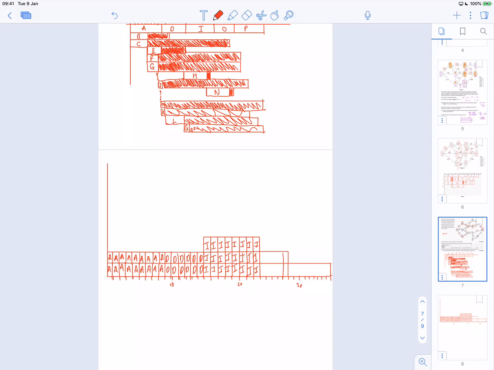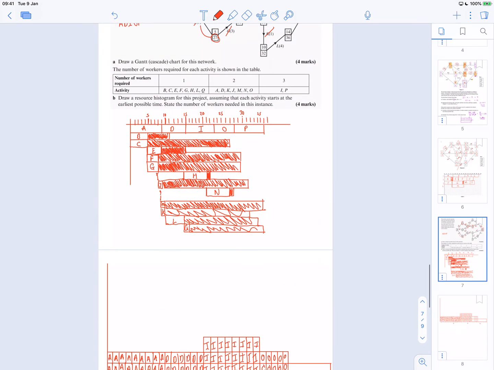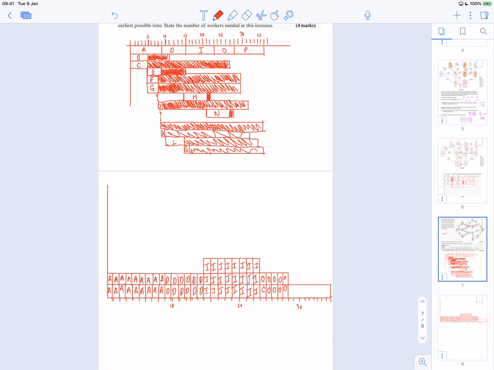So these 2 workers are all working for this time on O. And then the rest is on P. That needs 3 workers. Okay, so I need to go back up to 3. Like that. So this is all the P.